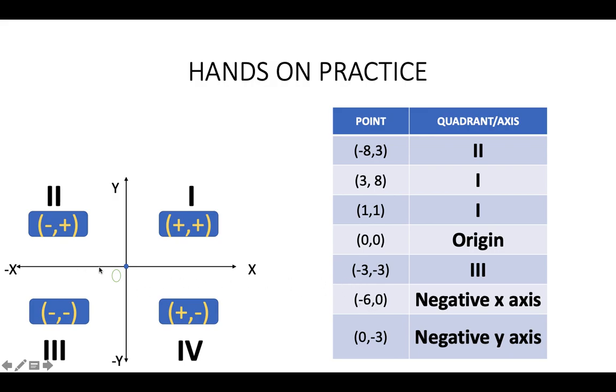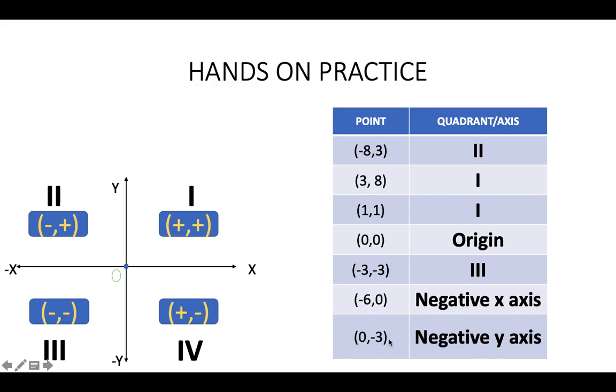Therefore, it is lying on this particular axis. Why? Because this is negative. If this is plus 6, 0, then this will change to the positive x-axis. If this is minus 6, 0, because x is negative, we have written here negative x-axis. This point is lying somewhere on this line.